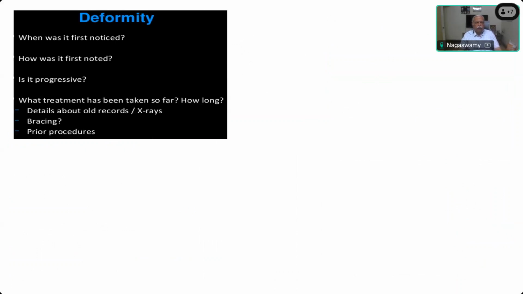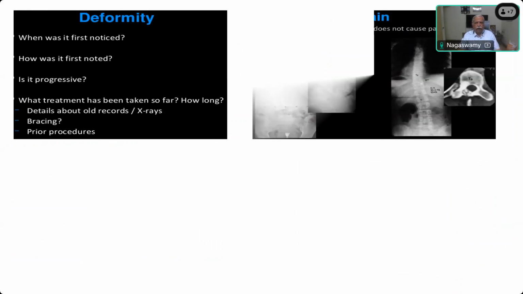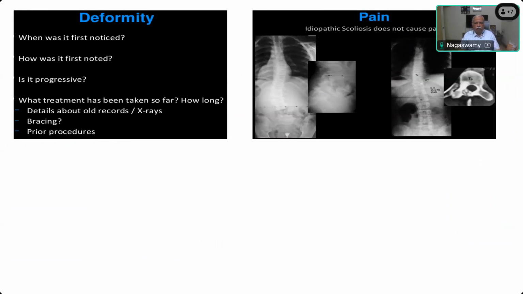And regarding the deformity, the questions that you want to ask are when it was first noticed, how it was noted, is it progressing, what treatment has been taken, whether any bracing was done, or any prior treatment offered, and then whether there is any pain, because idiopathic scoliosis normally does not cause any pain.